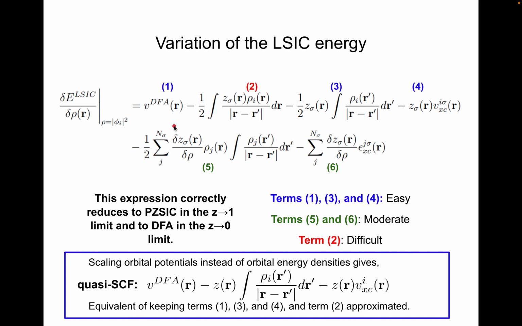If you drop out all of the variation of the scaling factor terms, that is, drop out terms number 5 and 6, and if you approximate the second term by taking the scaling factor outside, then under those conditions the above equation reduces to the quasi-SCF. So there is some mathematical connection between the two as well. Now let's go back to the above equation and look at the implementation.